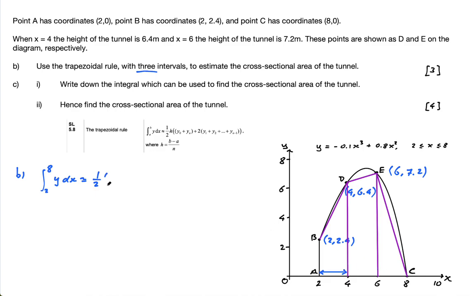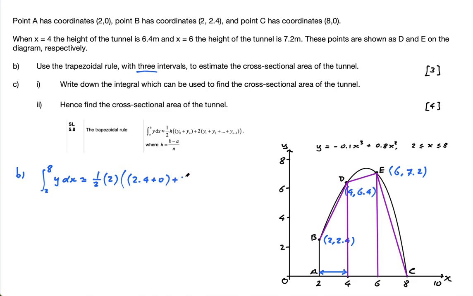So anyway, it's a half times 2 times y0 plus yn. So y0 is our 2.4. That's our first y. And our yn is actually 0. That's our last y. So our first y is this height, and our last y is this height. So it's 2.4 plus 0.